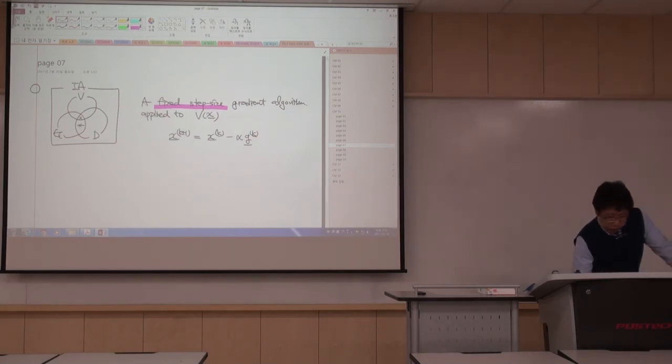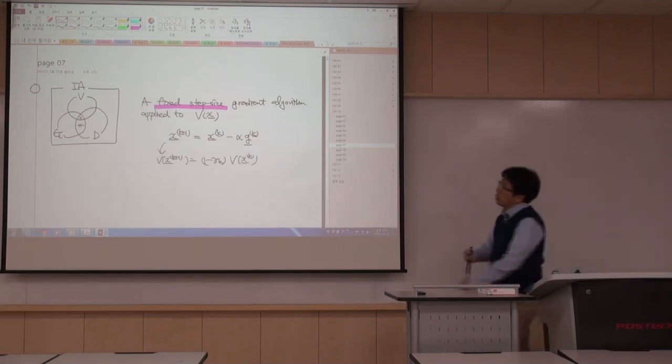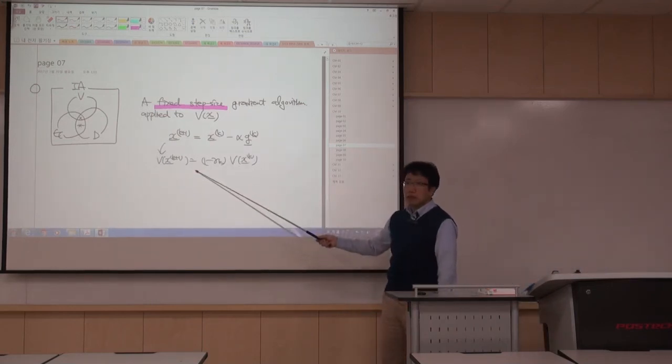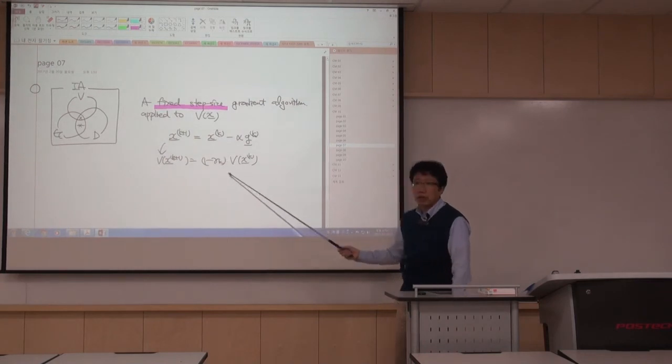And since we have this, if this is substituted into V of x, what happens to that 1 minus gamma sub k? If we replace this here and find gamma sub k, what happens?